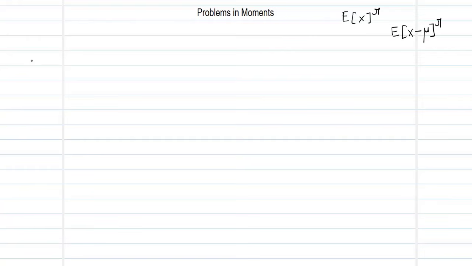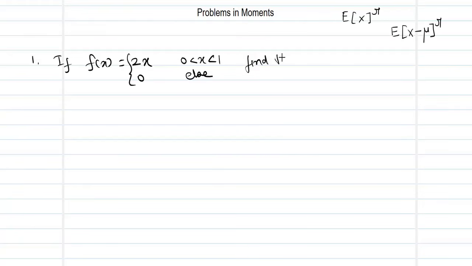Okay, so now we will have the first problem, which says: if x is a continuous random variable with probability density function f of x equal to 2x for 0 less than x less than 1 and 0 elsewhere, then find the first three moments.